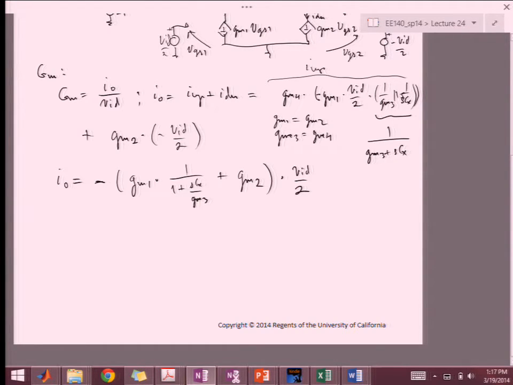Okay, so from here, if we now assume GM1 equals GM2, we can pull out GM1. So we're going to get GM1 over 2 times, and then here 2 plus SCX over GM3 over 1 plus SCX over GM3.